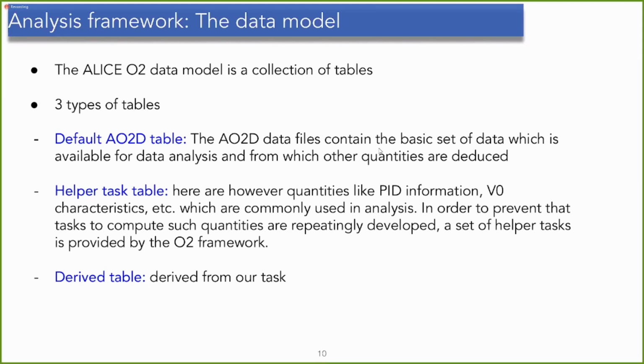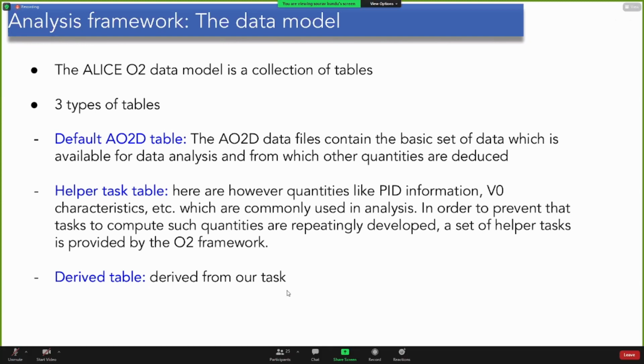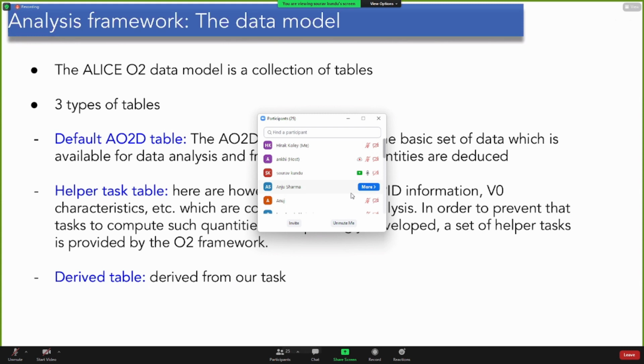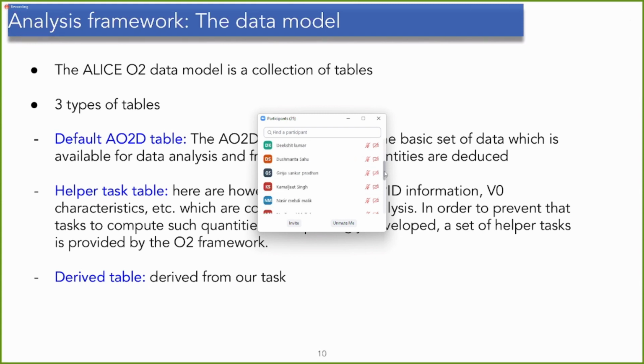For example, in some complicated analyses such as heavy flavor correlation, where we correlate two heavy flavor hadrons, in that case we will generally use this derived table. What we generally do is split our analysis task in complicated analyses into two steps. In the first step, for example, in the case of heavy flavor correlation, or the correlation between D0 and D0 bar, first we select the D0 candidate or the heavy flavor.